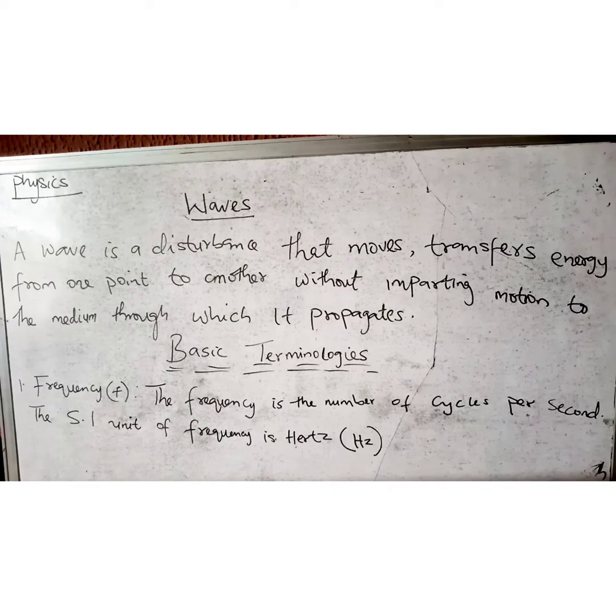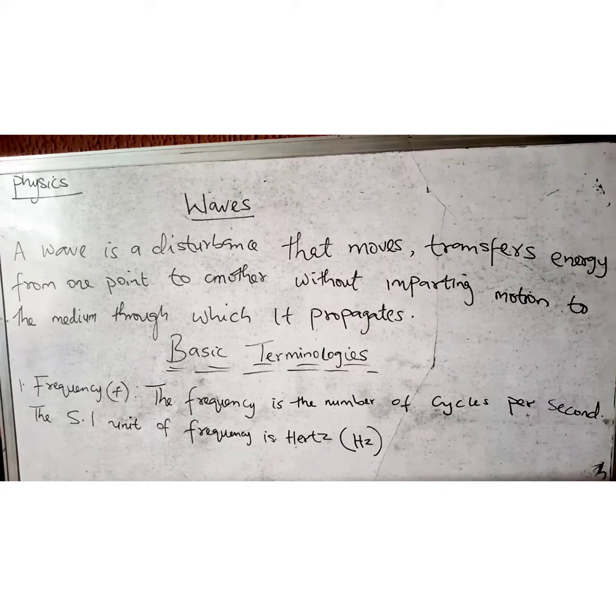F is the symbol for frequency. The frequency is the number of cycles per second. The SI unit of frequency is hertz, and the symbol for hertz is Hz.